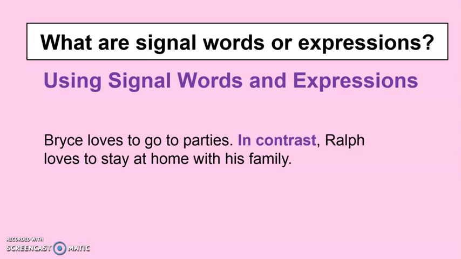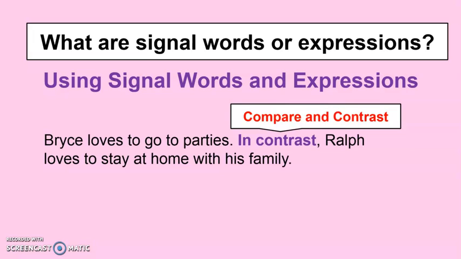In this example, we use the transition or signal word "in contrast" to show the relationship between sentences or phrases. With the use of this signal word, you're actually creating a pattern. For this one, we use the compare and contrast pattern because of the signal word "in contrast."